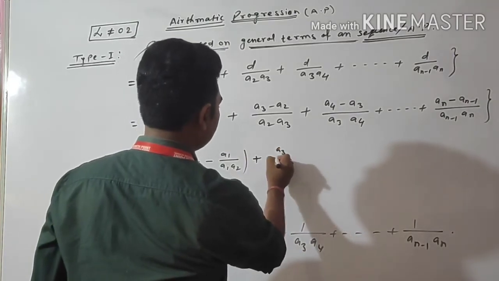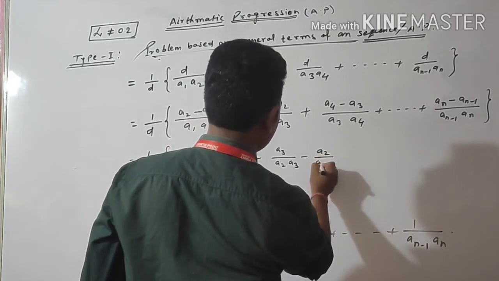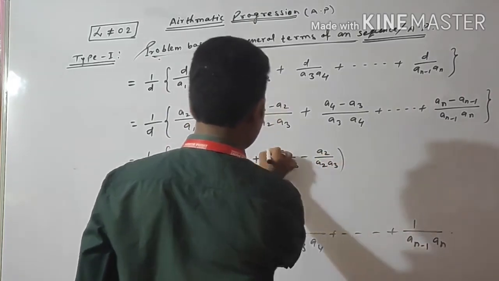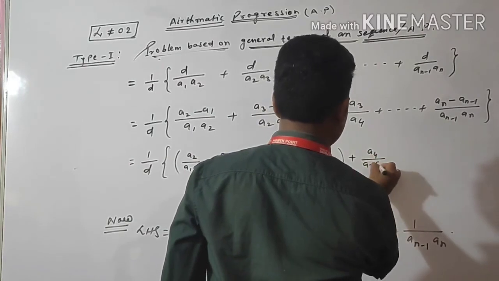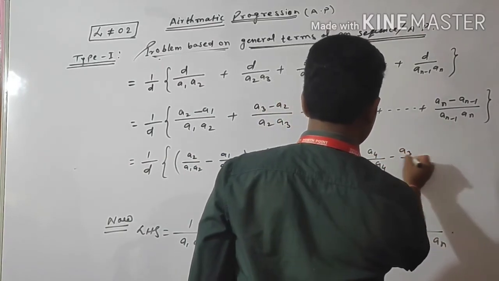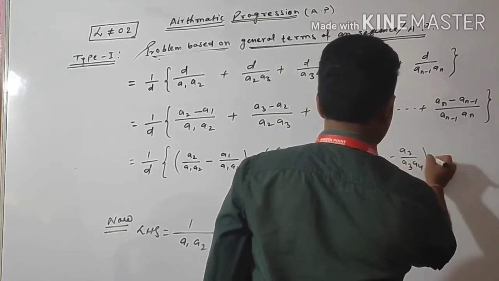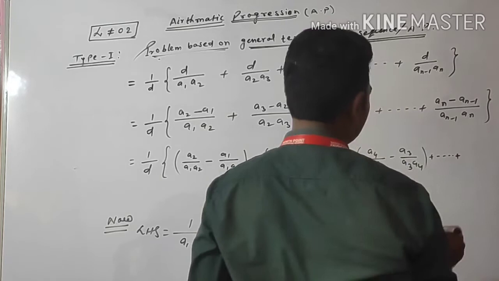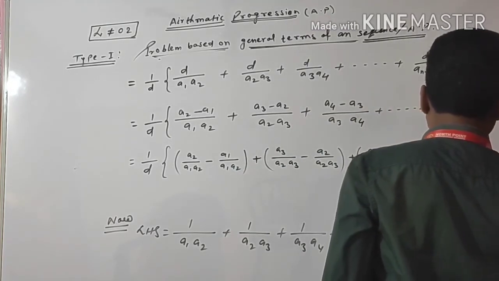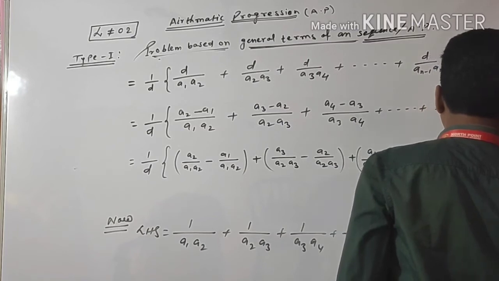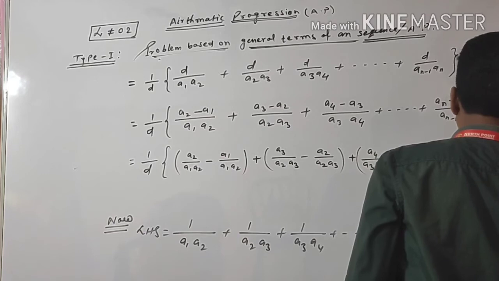Similarly, A3 by A2 A3 minus A2 by A2 A3 plus A4 by A3 A4 minus A3 by A3 A4, and finally, lastly An by An minus 1 into An minus An minus 1 by An minus 1 into An.